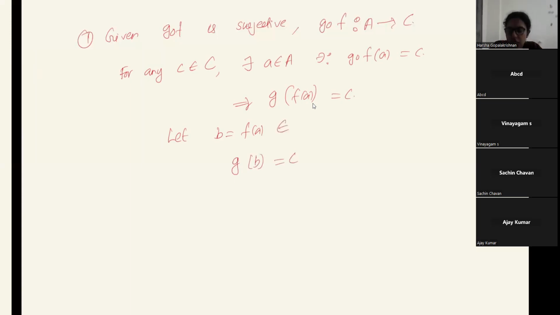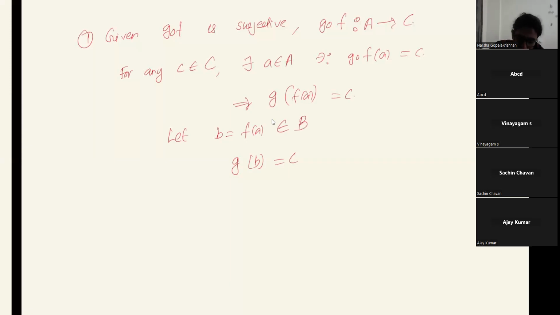Which set will this B belong to? B equals F of A. F is a map from A to B, right? So A belongs to A and F of A belongs to B. That means F of A, equal to B, belongs to B.